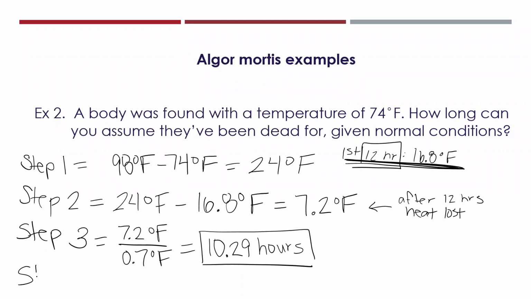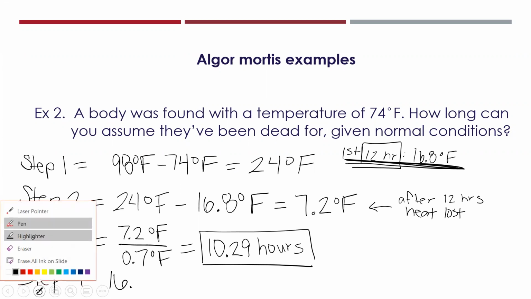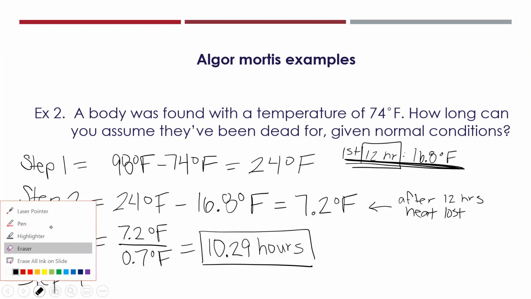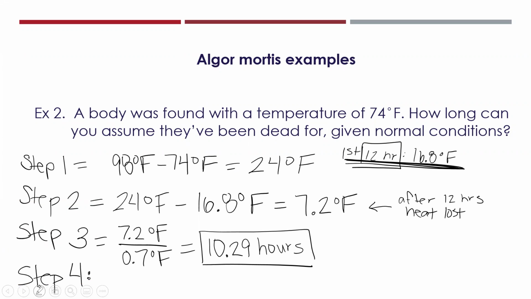Now I need to know the total. How long have they actually been deceased for? Well, I'm going to take the first 12 hours. I know they were at least deceased for 12 because my change in temperature was over that 16.8 threshold. So I've got my first 12 hours plus I now figured out they've also been deceased for another 10.29 hours.